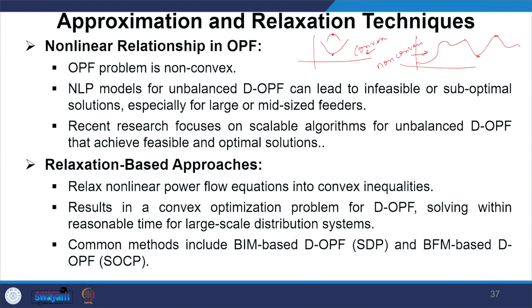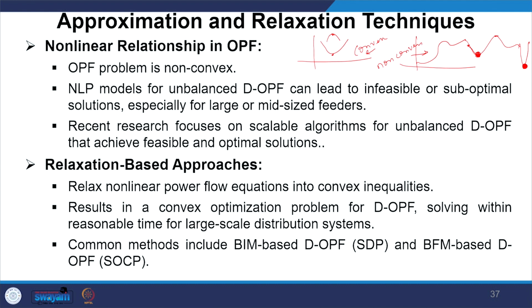So, in case of non-convex, the challenge is your solution may be trapped into a suboptimal solution, okay? Because now if you start your initial point here, you go through iterations and then finally you get settled at this point. So, probably there could be another optimal point, okay? This is a minimization problem, let us say. So, this optimal solution you are not able to capture because your initial point started from here.